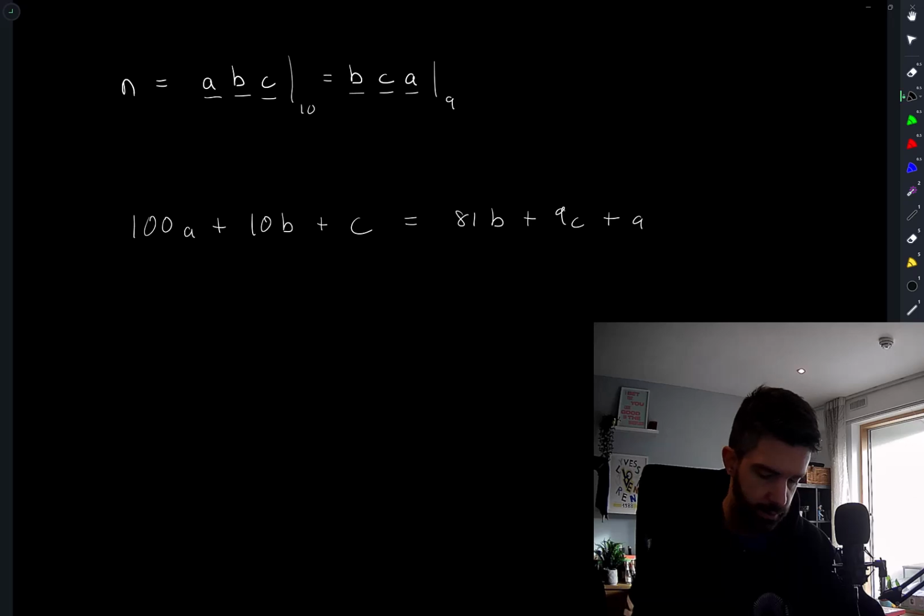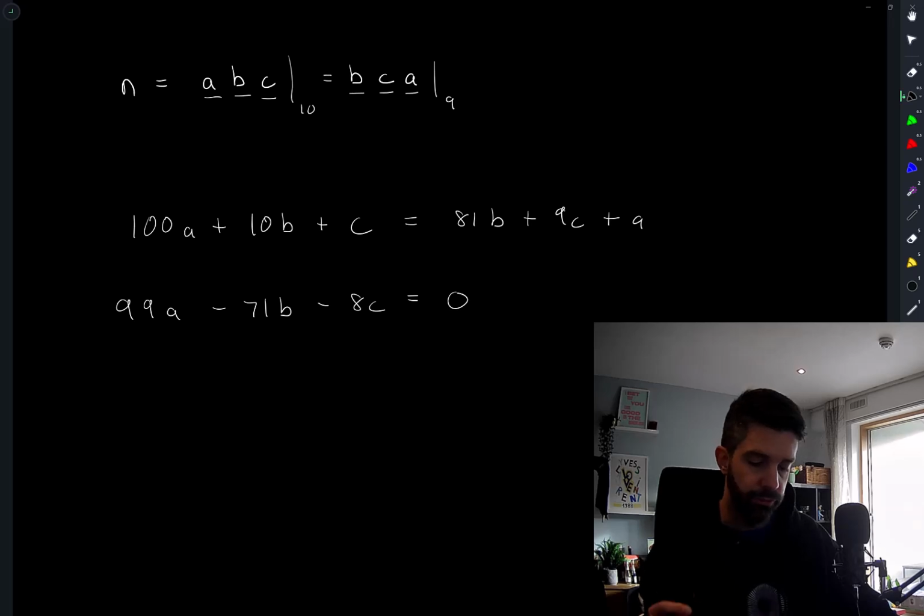That's fine. Okay, well, let's rearrange this. 99A minus 71B minus 8C is equal to 0.